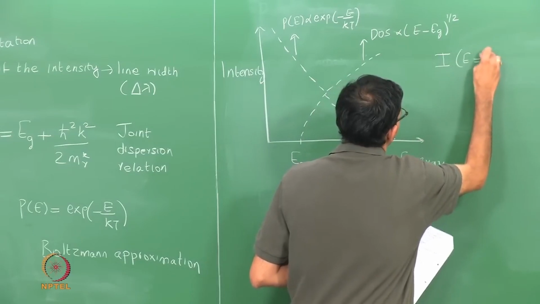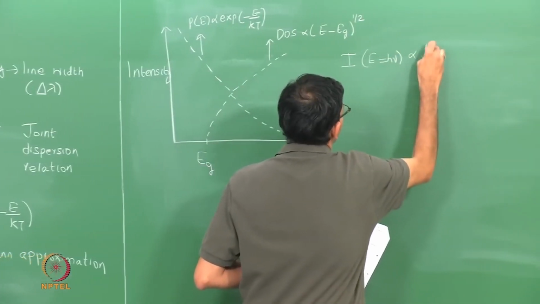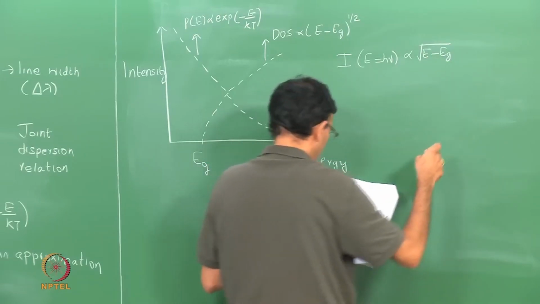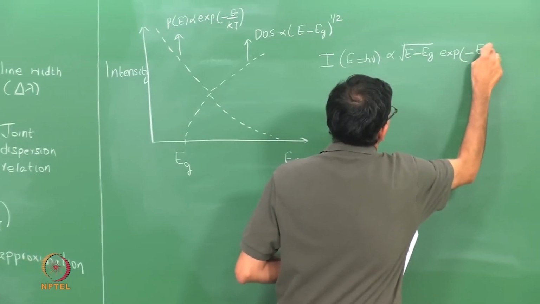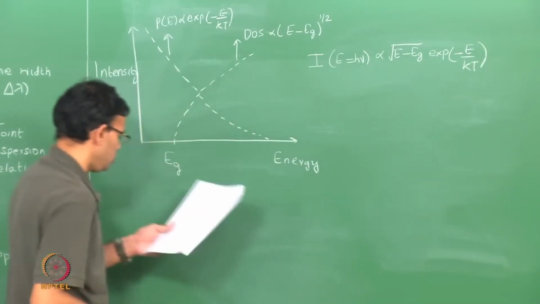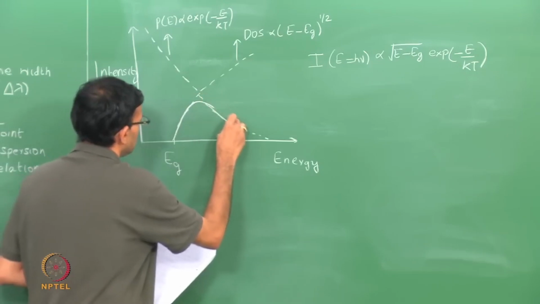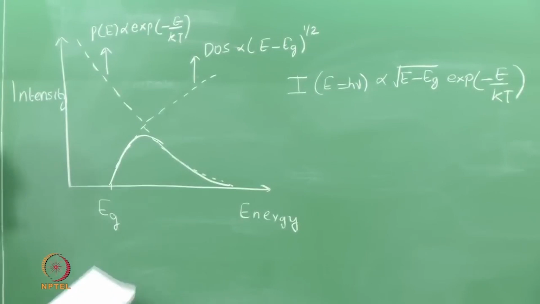The theoretical spectrum depends upon the product of these two, so that I of some energy equal to h nu is proportional to square root of E minus Eg times exponential minus E over kT. So if I were to plot this, this will be the spectrum of the intensity.